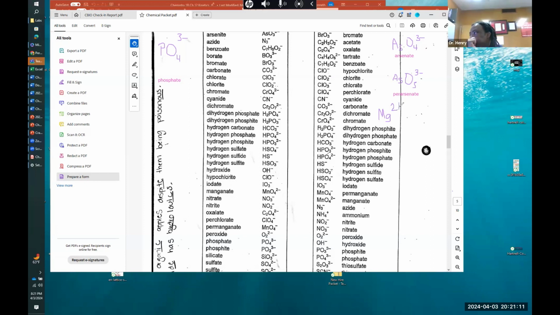That's right. So if I have the perarsenate and I have the magnesium ion, what is going to be my chemical formula if they bond together? And then what is going to be the name?